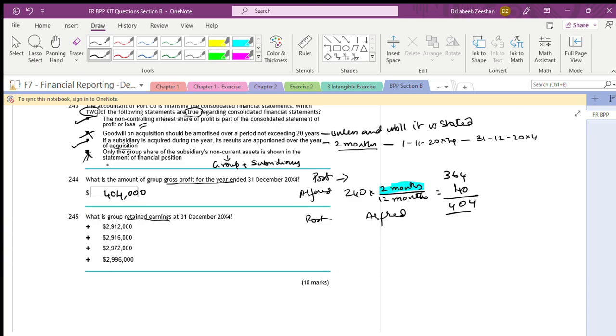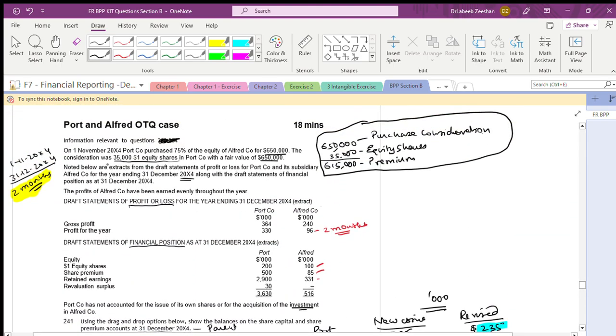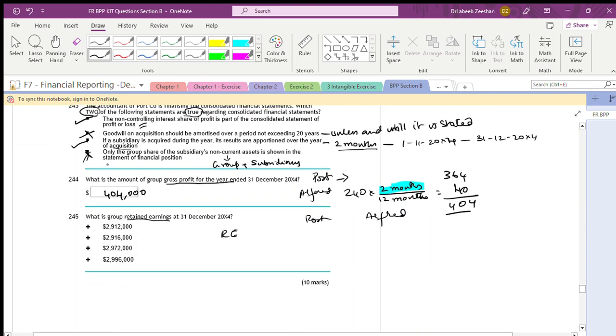The Port retained earnings are 2,900. Here it is 331. Retained earnings are 2,900.